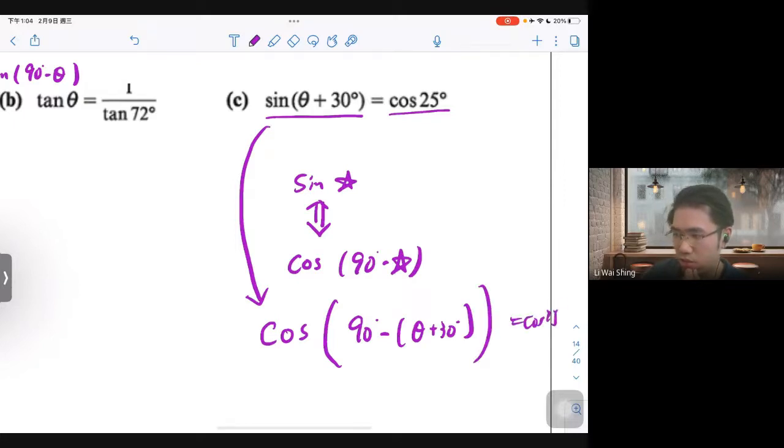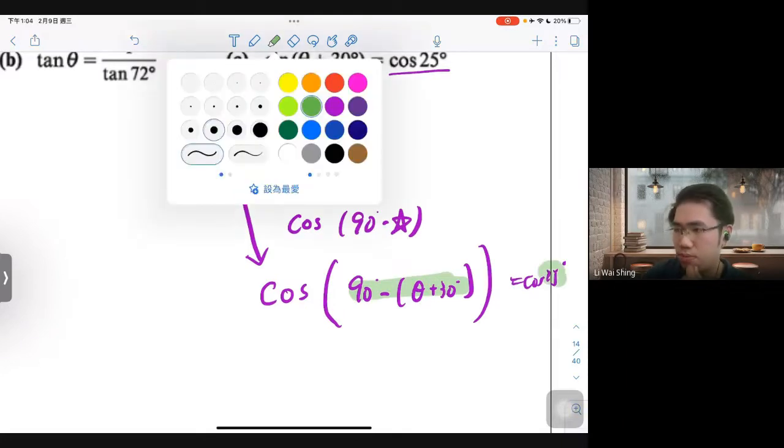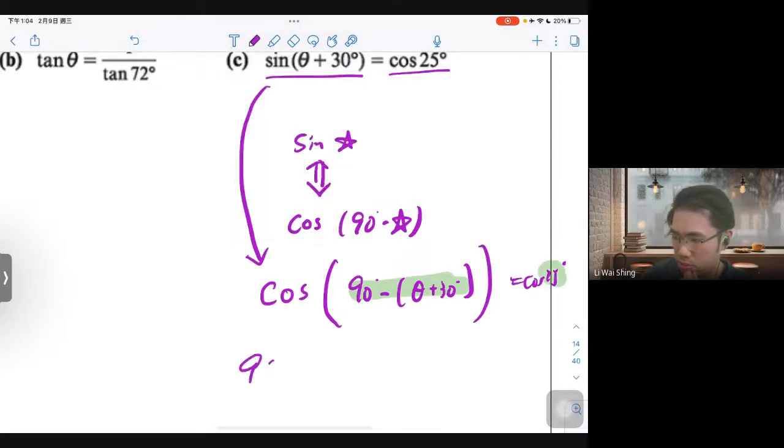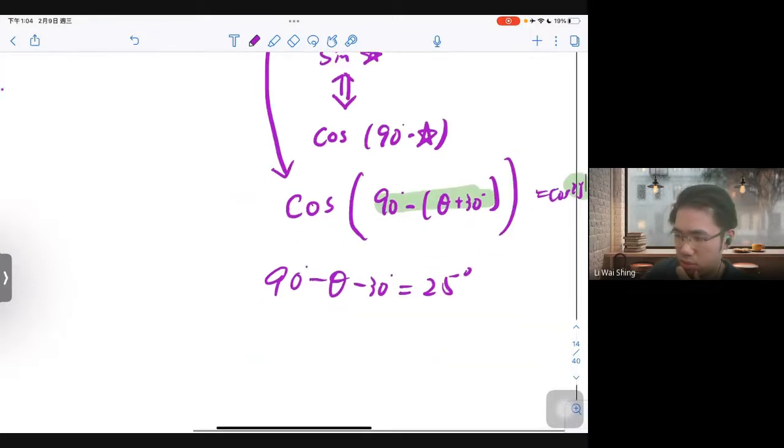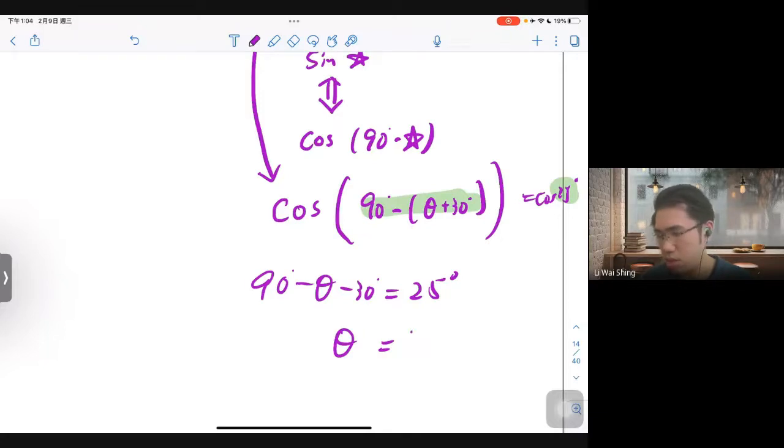Cosine 25 degree. That's why the things inside, they will be the same. Theta would equal to 35 degree.